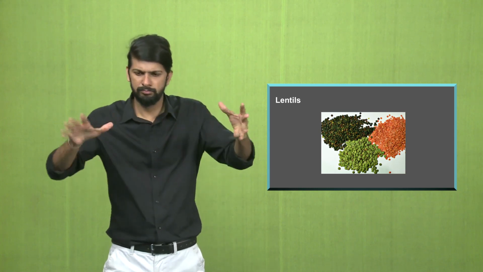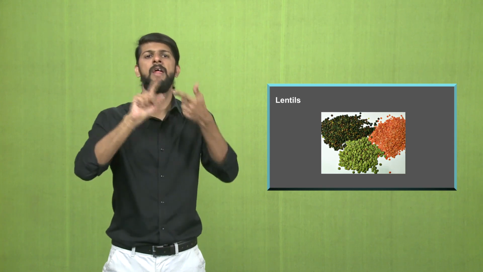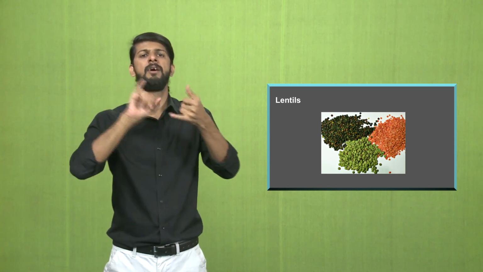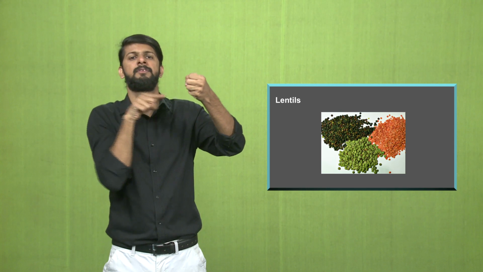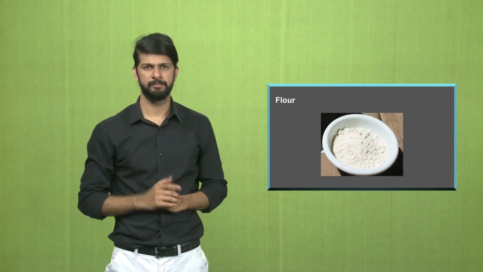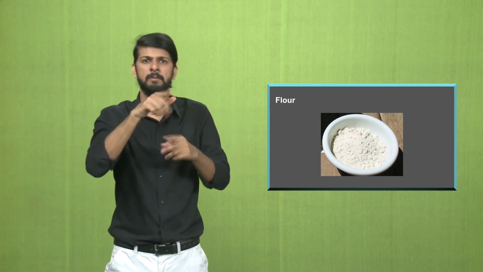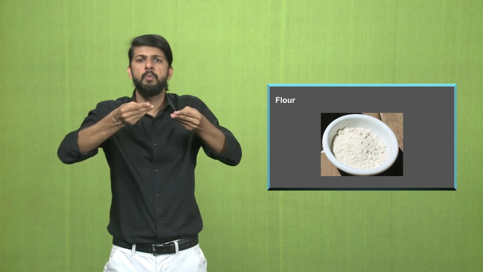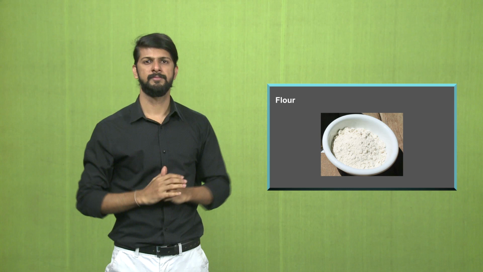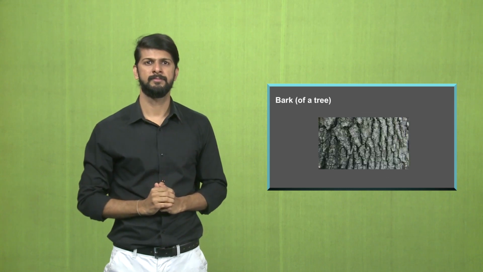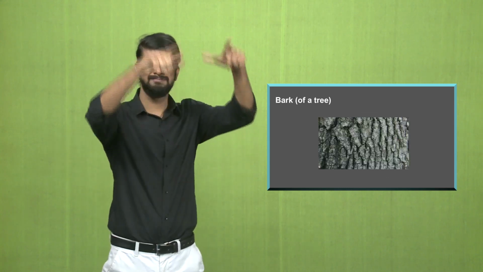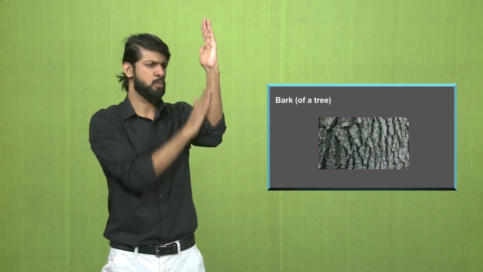Lentils are basically pulses of various kinds. Flour, which could be wheat flour or some other kind of flour. Bark of a tree.